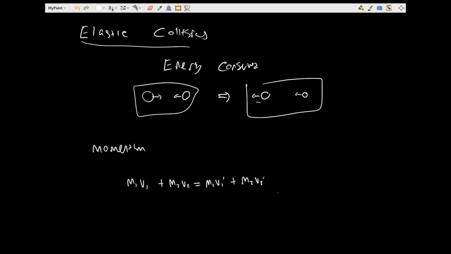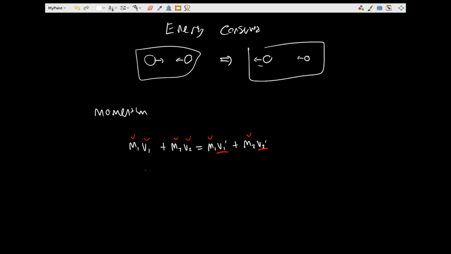And these do not need to be in the same direction. So as you can see, we have known, known, known, known. These two masses are known, but these two velocities are unknown, and we have only one equation. So in order to solve an elastic collision, we need to have one other equation at least.